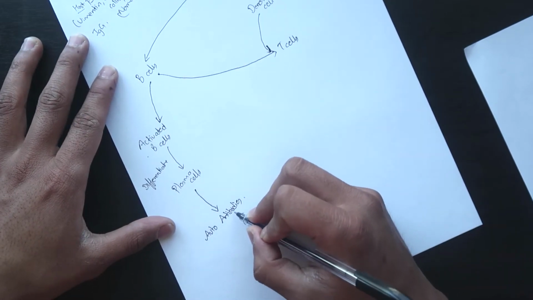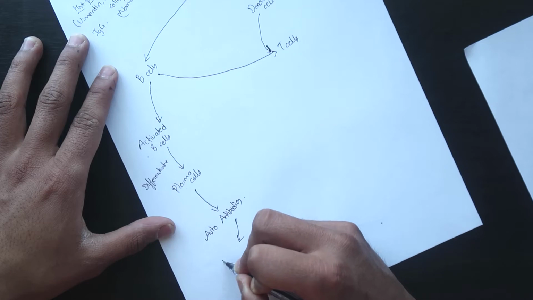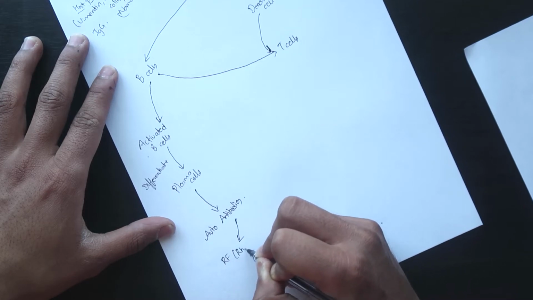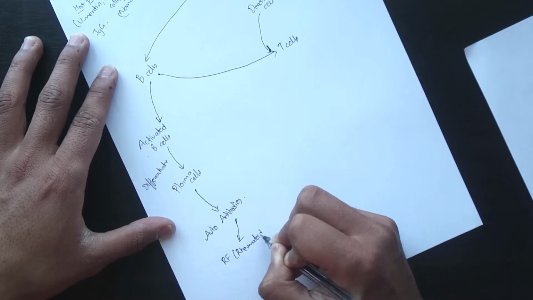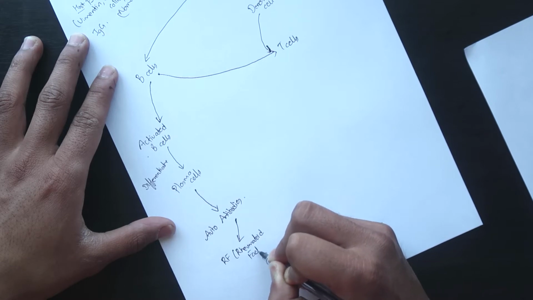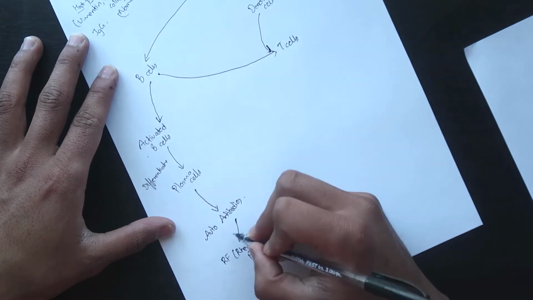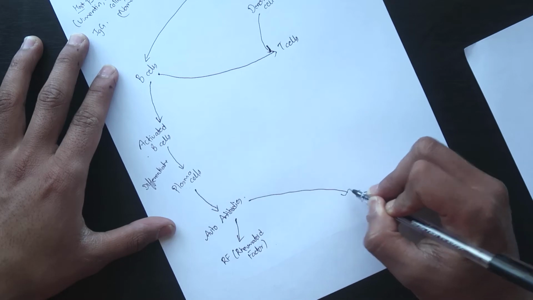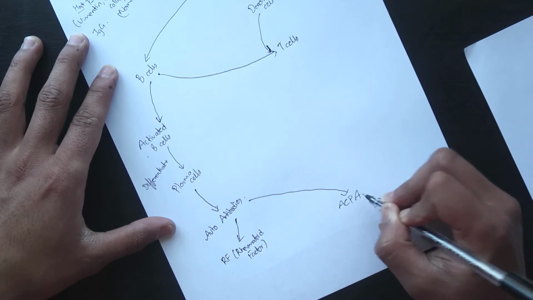Now what are the autoantibodies they produce? One antibody is known as RF, or rheumatoid factor, and another is known as ACPA.